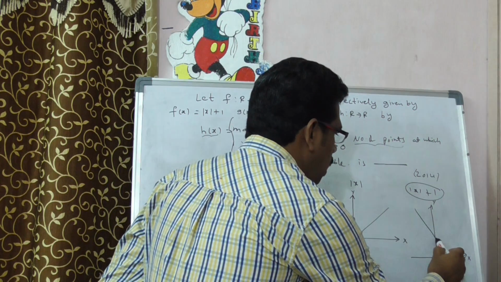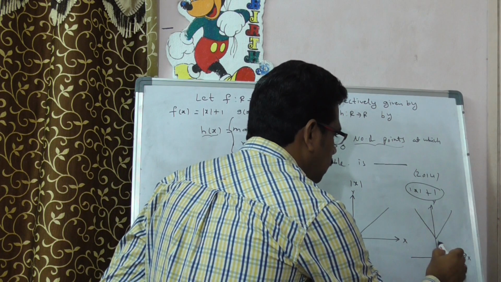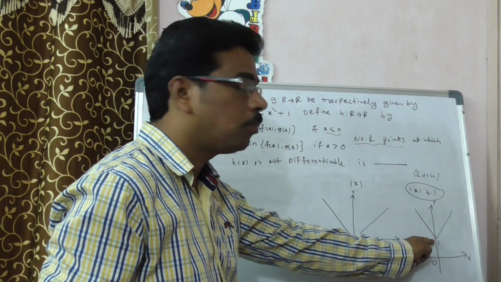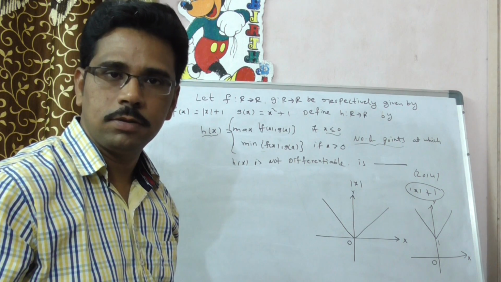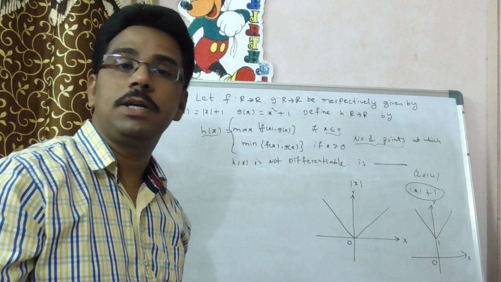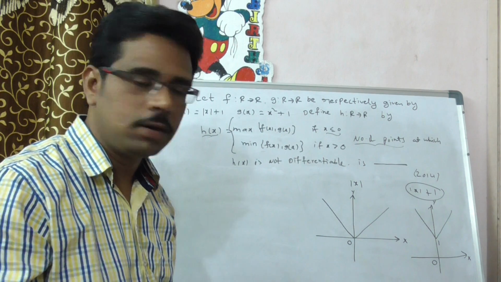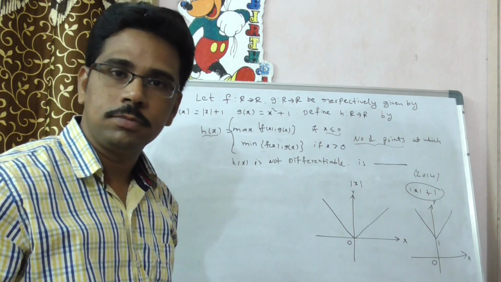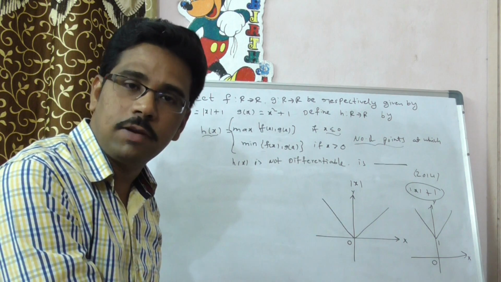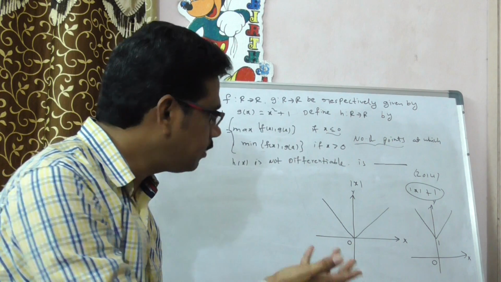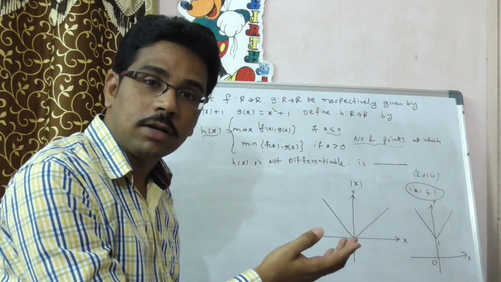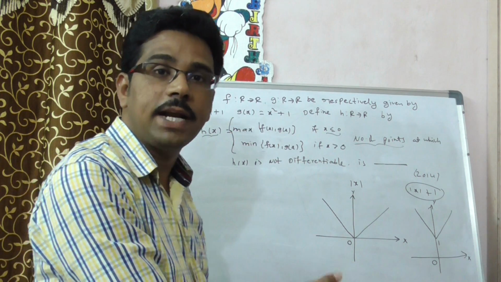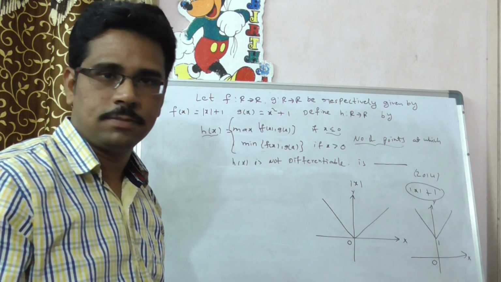That is, the mod x plus 1 graph moves upwards along the y-axis and is plotted at 1. Understood? If it is mod x plus 2, move it upwards along the y-axis, plot at 2. If it is mod x minus 1, what is the concept? If it is minus 1, move downwards along the y-axis and plot at minus 1. That is the concept.